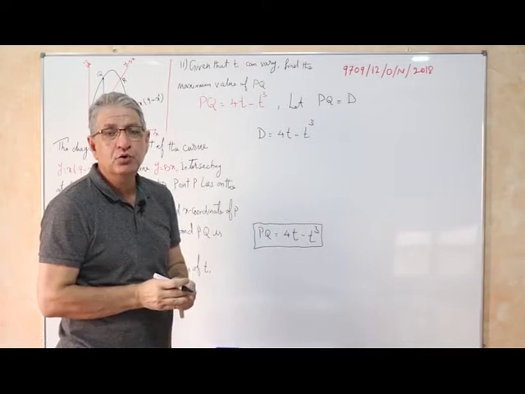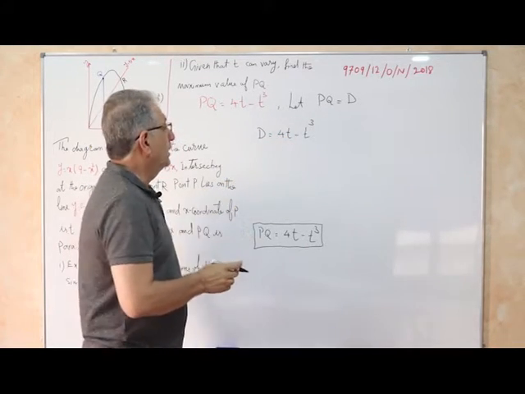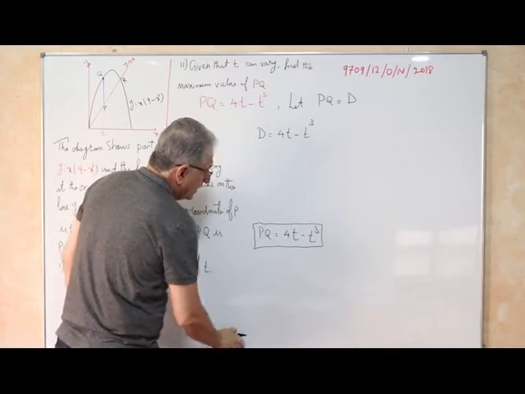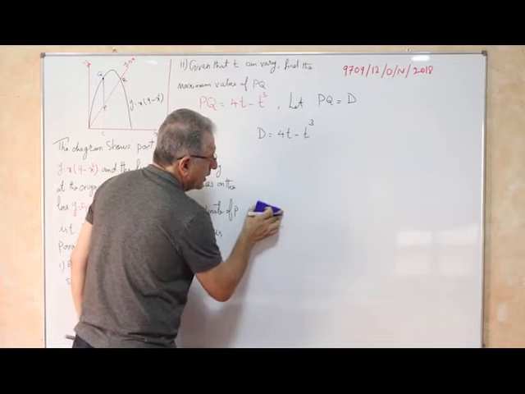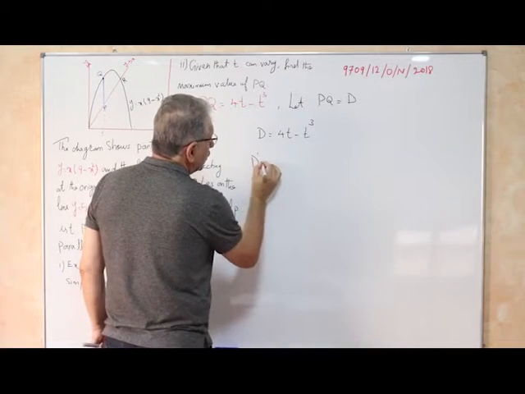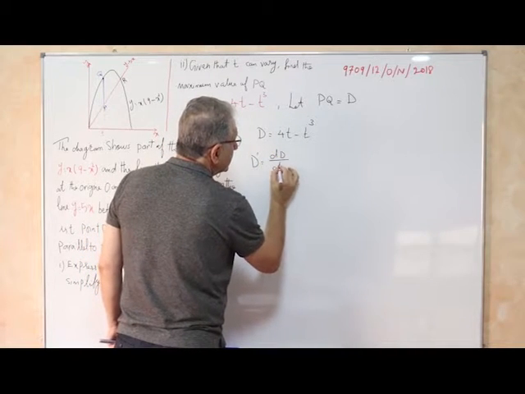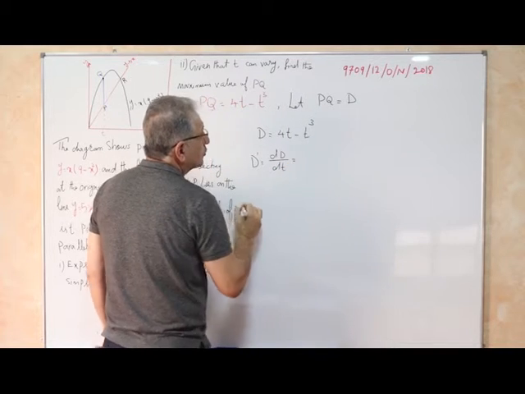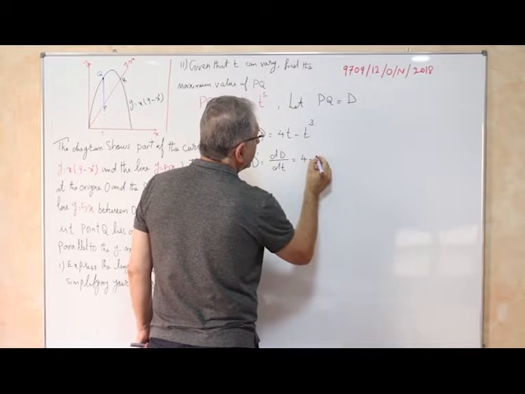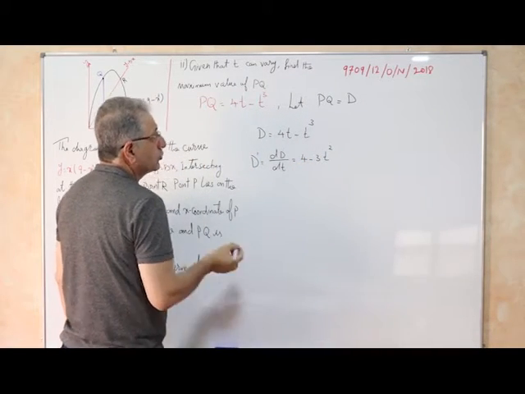Therefore, we have to differentiate D with respect to t and put it equal to 0. Therefore, we can say that D dash, or dD/dt, is equal to 4 minus 3t squared. You know how to differentiate?